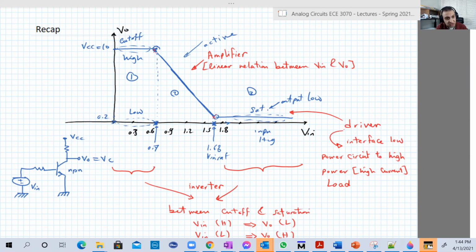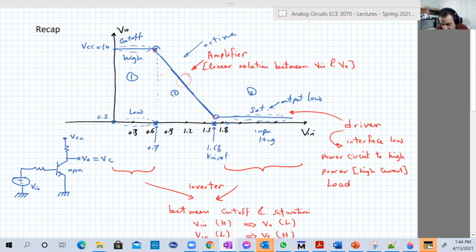Last time we discussed the transfer characteristics, and we learned that in the active region, when the relation between VO and V input, or VCE and VBE, is linear, we can use the transistor as an amplifier, and there will be a gain.